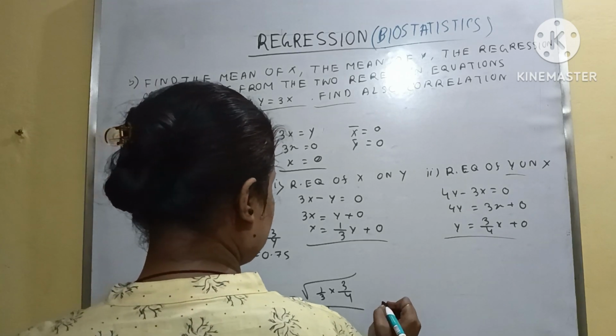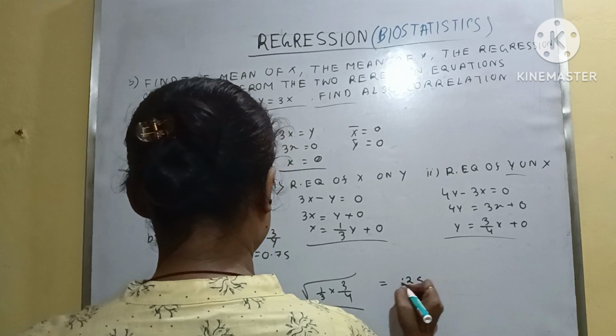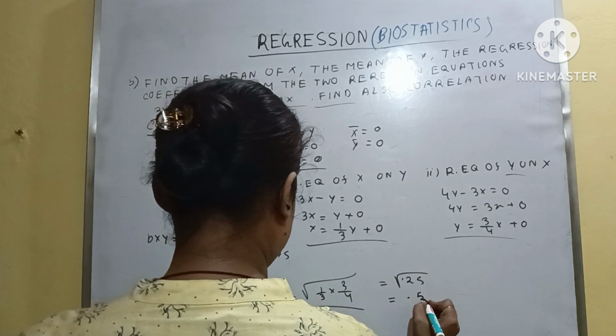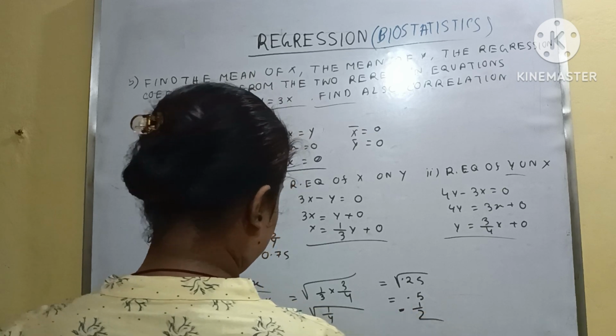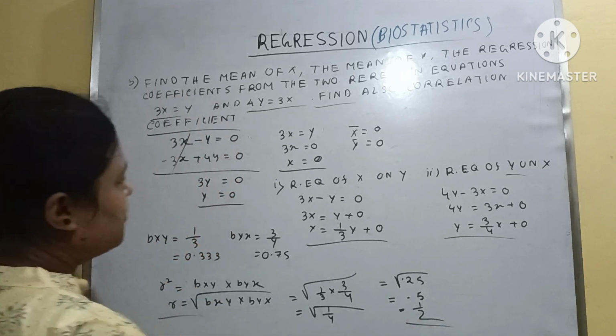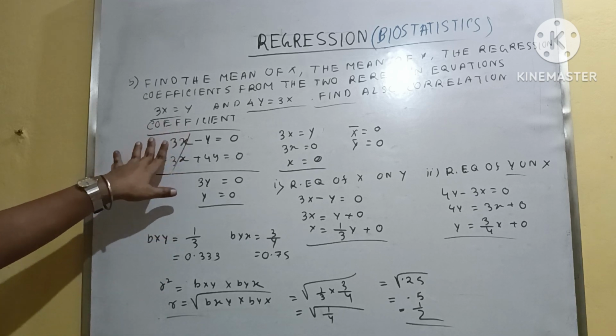That means 0.25. Root over of 0.25 means 0.5 or half. Okay. So this is the r value, that is half. So it's very easy how to calculate the r value from the equations.